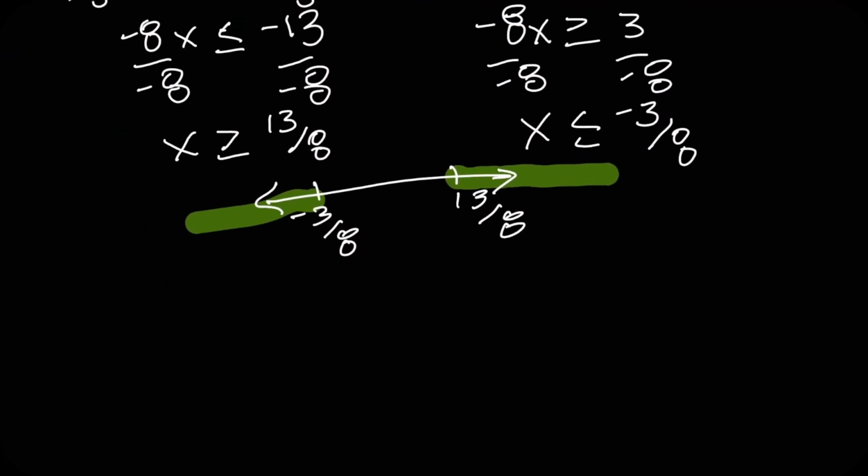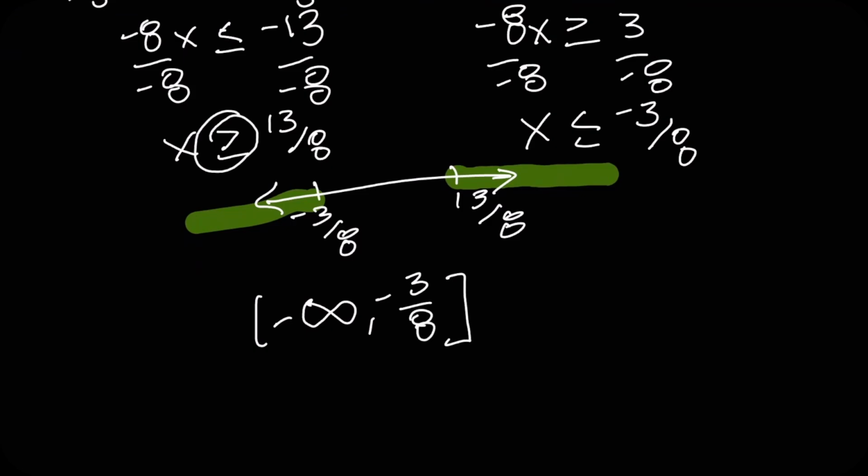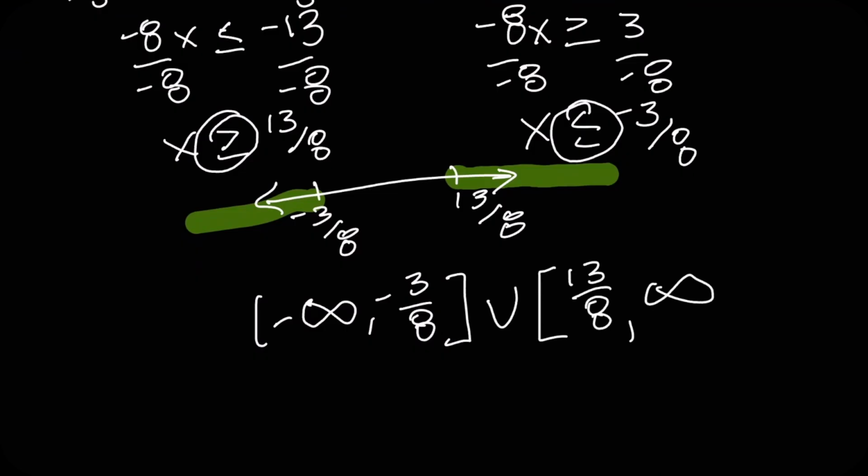So our solution for this one, negative infinity to negative 3/8. And since we have a less than or equal to negative 3/8, we do need to use our square brackets. And then union 13/8 all the way to positive infinity.